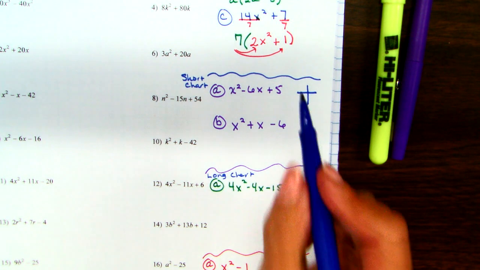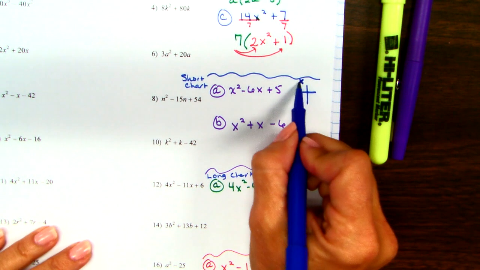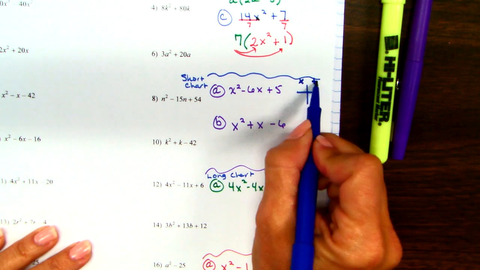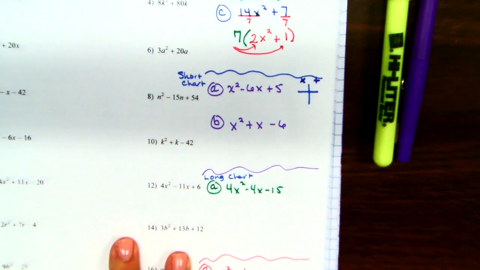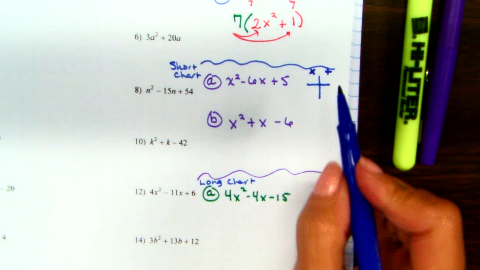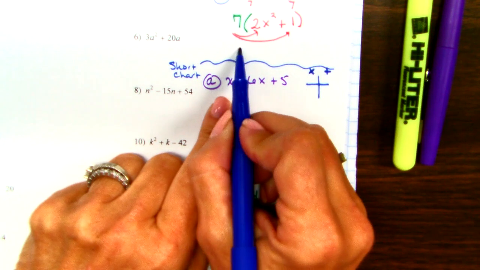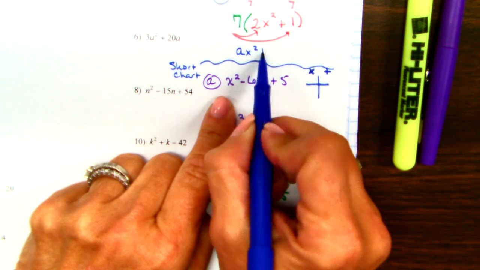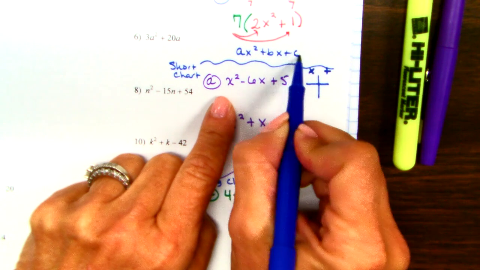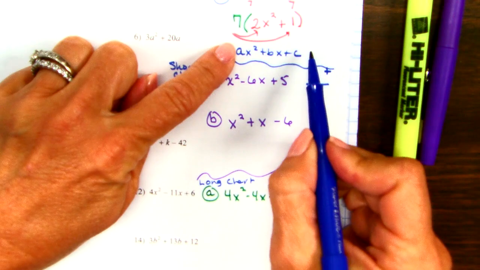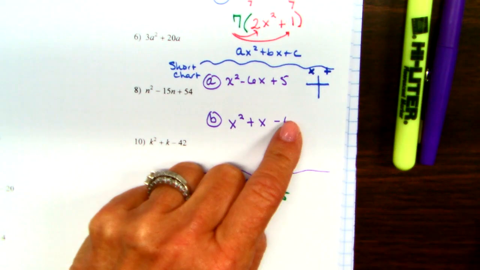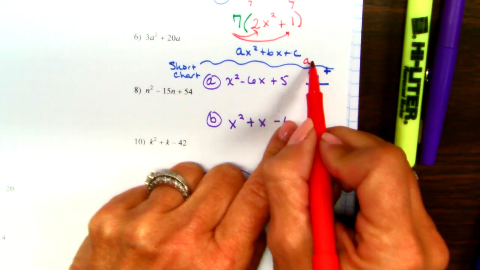All right, so what we're doing is we're going to make one column multiplication and one column addition. And what goes in there, if you remember, is whatever A times C is. Remember, a quadratic is in this form. A times C is what goes in this first spot.